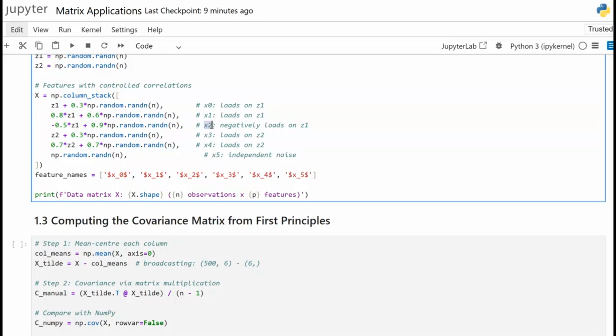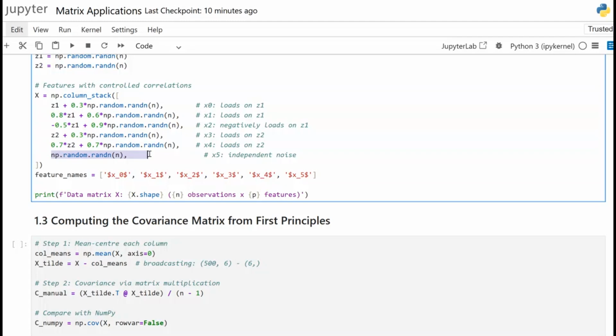Next, x2 is negatively dependent on z1, so it is correlated with x0 and x1. Next, X3 is strongly dependent on Z2 and correlated with X4. X4 is moderately dependent on Z2. And last but not least, X5 is pure noise, independent of all others.